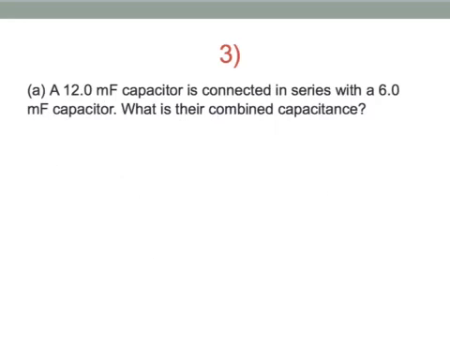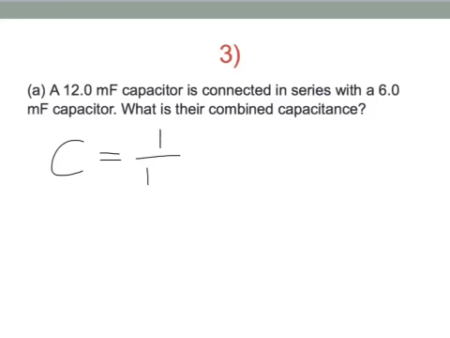coulombs. Question 3. A 12 millifarad capacitor is connected in series with a 6 millifarad capacitor. What is their combined capacitance? So to calculate that, we use the series capacitance formula, which is similar to the parallel resistance formula.